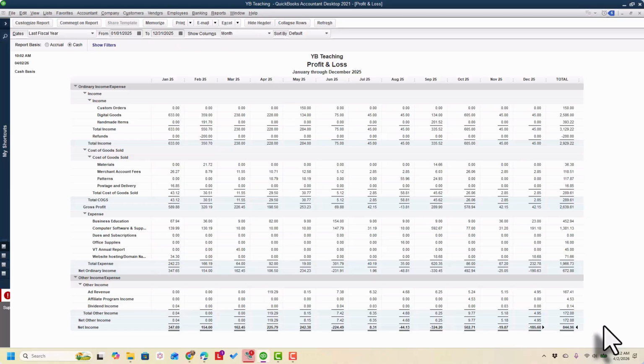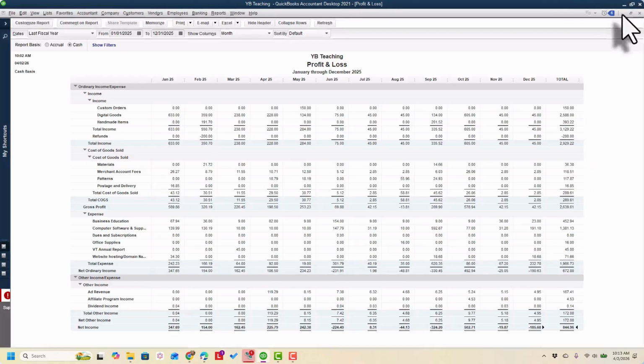Now, what you're not seeing here is how much money you've contributed to your business out of your own pocket. That comes from your balance sheet. You're not seeing how much money you spent on inventory. That comes from your balance sheet. And you're not seeing how much money is sitting in your bank account or how much money you owe in sales tax.